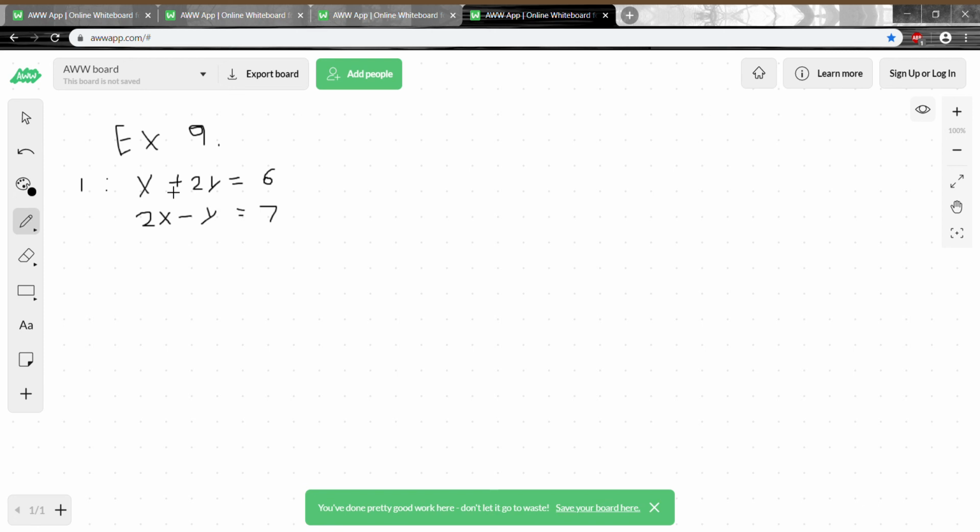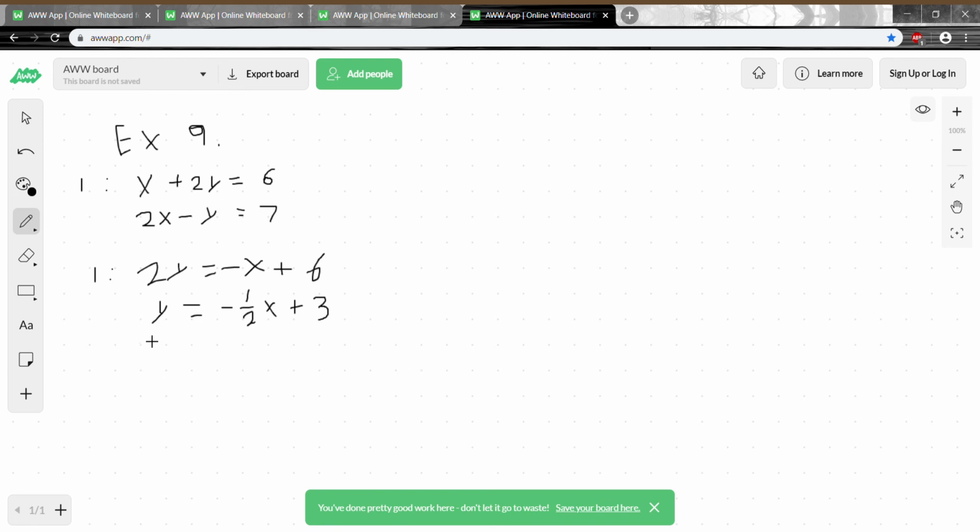The result will be the same. So solving equation number 1 for y, we've done this. 2y is going to equal negative x plus 6. That means that y is going to equal minus 1/2 x plus 3.